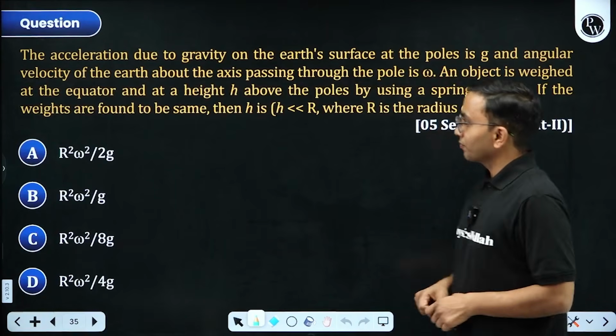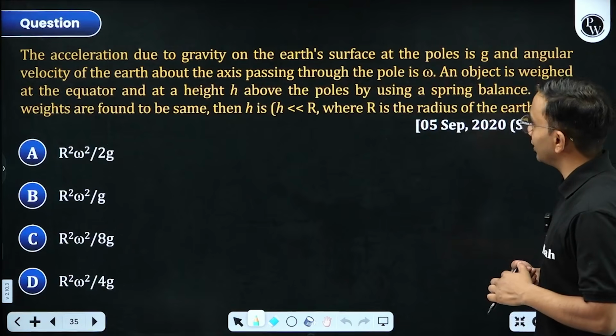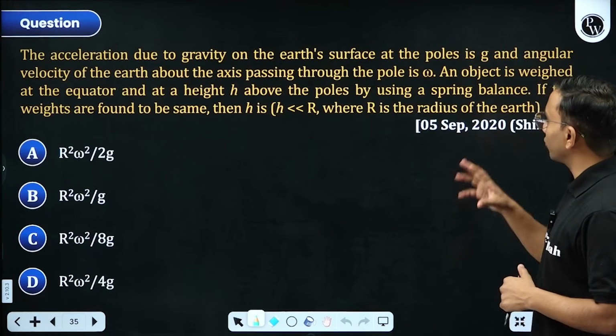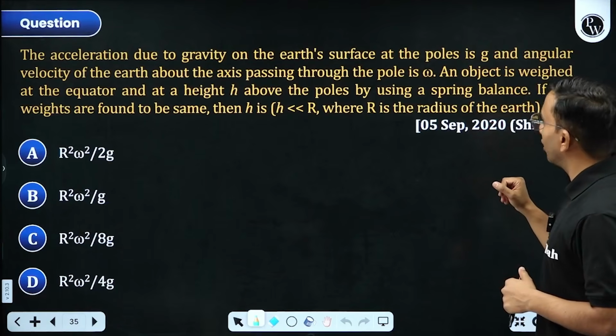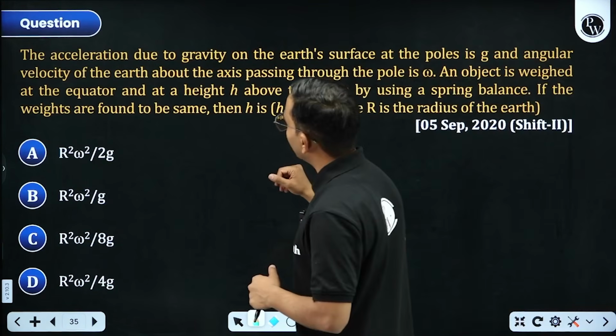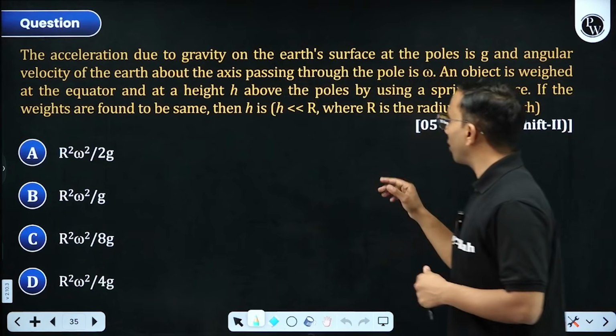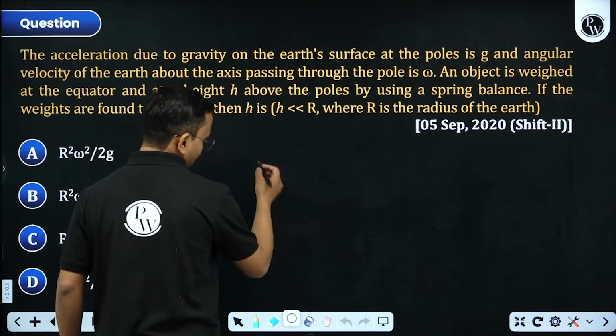Another question. The acceleration due to gravity on the Earth's surface at the poles is g, and the angular velocity of Earth about its axis passing through the pole is omega. An object is weighed at the equator and at a height h above the poles by using a spring balance.